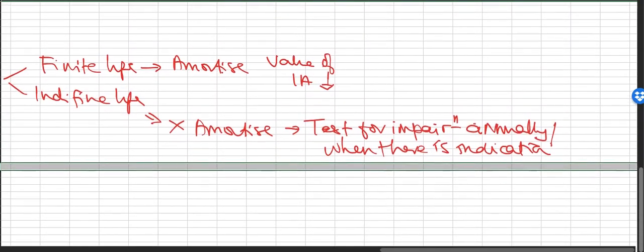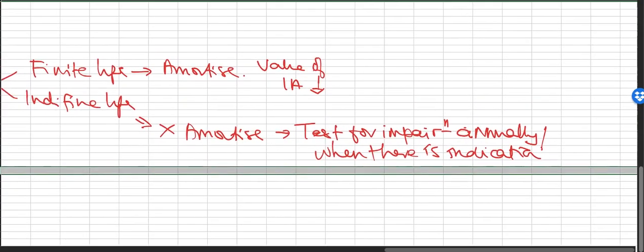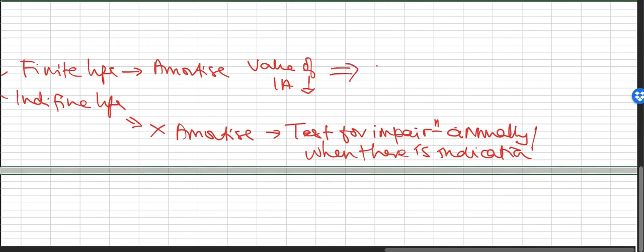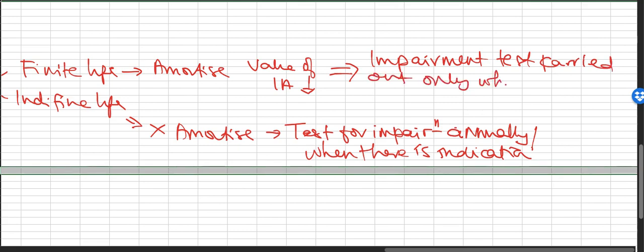But for IA which has a finite life, just like PPE, the impairment test is carried out only when there is indication of impairment.